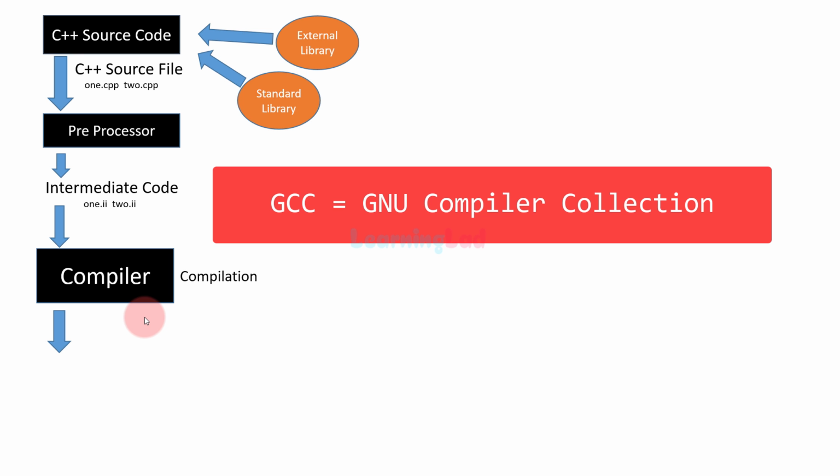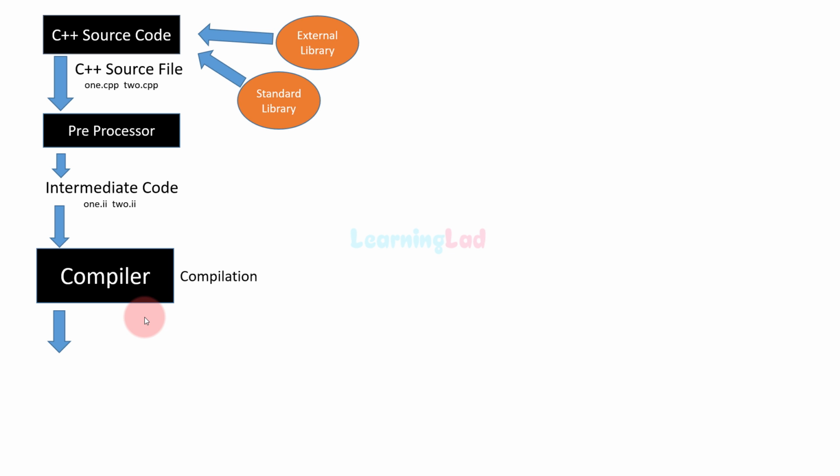GCC stands for GNU Compiler Collection. They provide a lot of compilers for different programming languages like C, Ada, Objective-C, Go language, etc. They also provide a compiler for the C++ programming language. It is open source, freely available, and we will be using that in this video series.